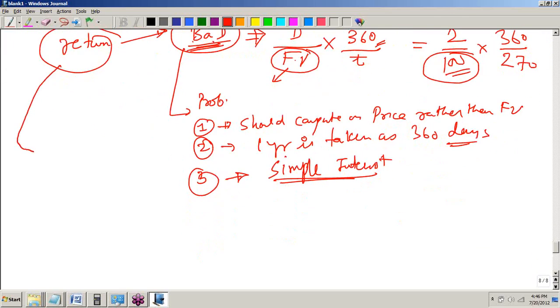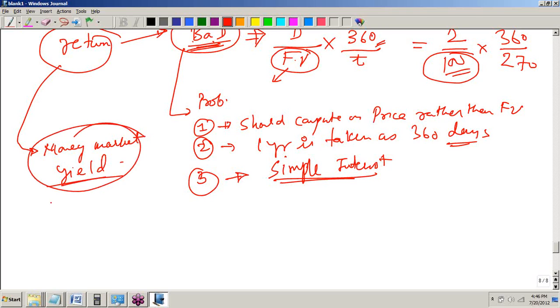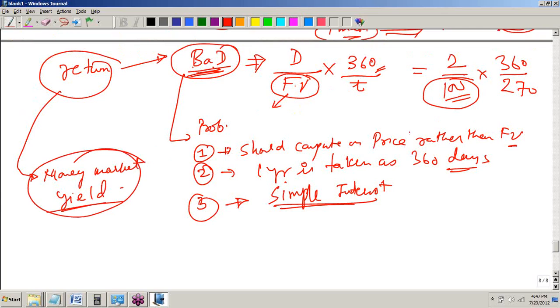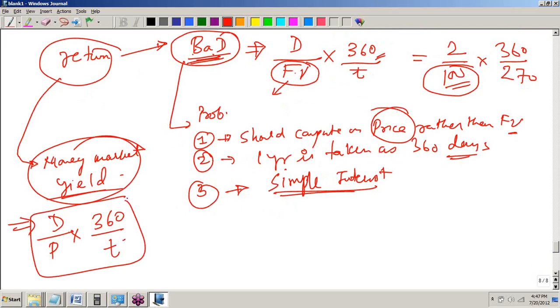So we have tried to modify that with another measure called money market yield. In money market yield, instead of computation on the face value, it is done on the price. The formula for that is D by P into 360 by T. It is trying to resolve the first issue.